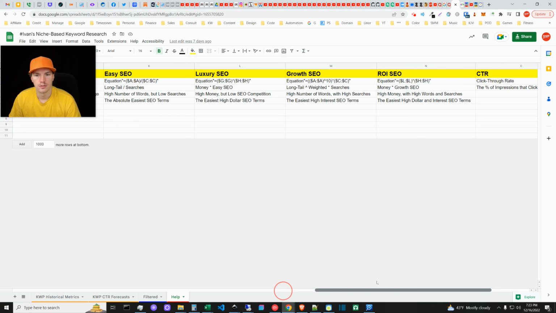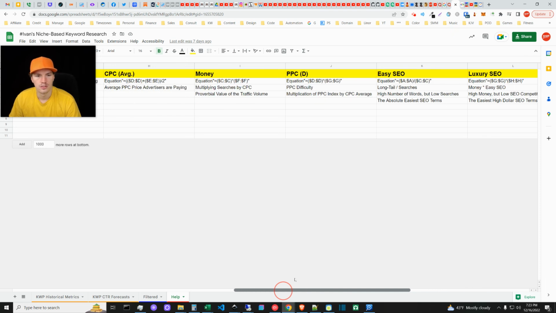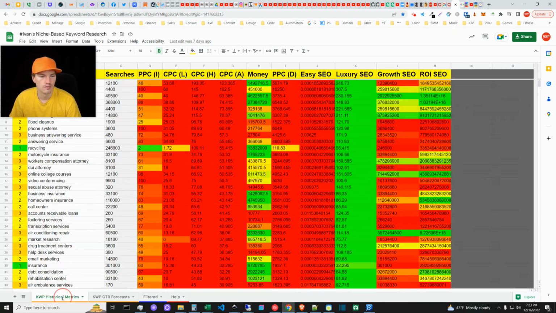If you look through some of these equations, you can see some of the logic involved. And since they're conditionally formatted, if you sort them by the color coding, you can see gradients through these columns.